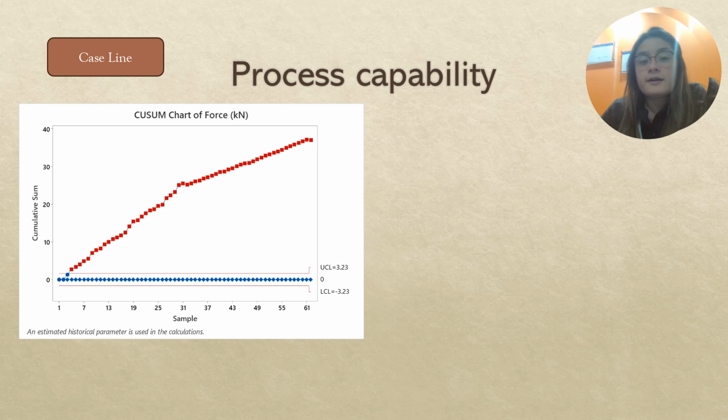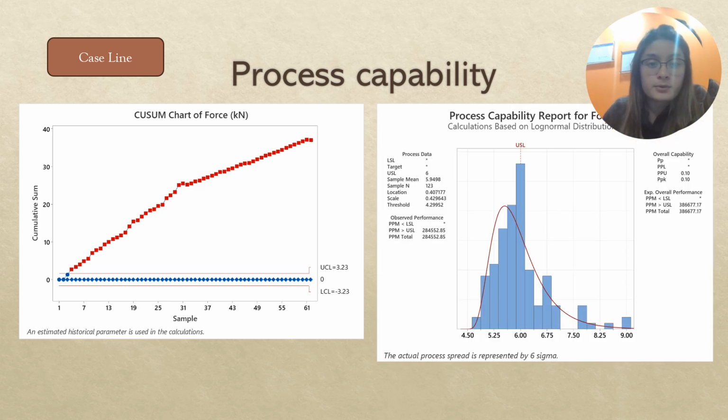And what we have to review also is the process capability. As we saw, there are different points that make our process out of control. And also we have the chart for the cumulative sum, where we can see that it is only going up. There is no control on this process, and if we do not do something, we will have a worse process.